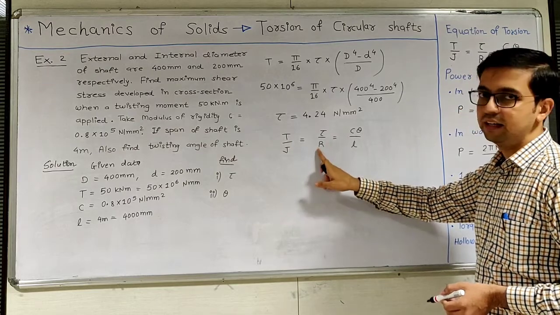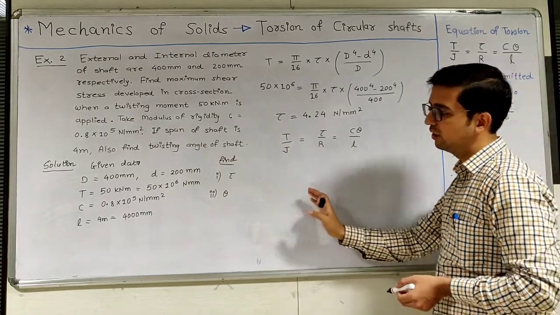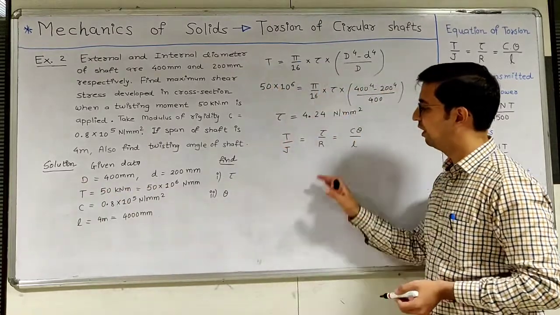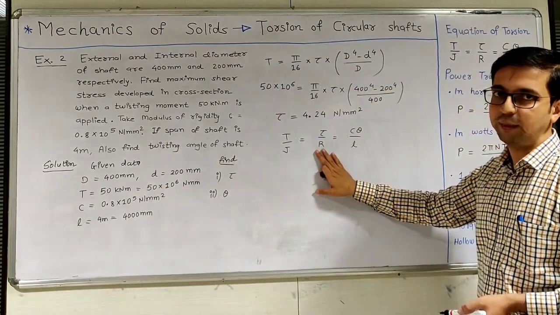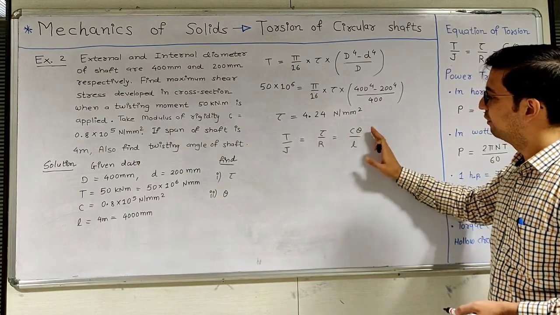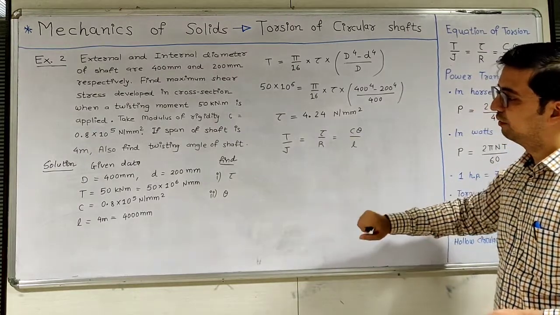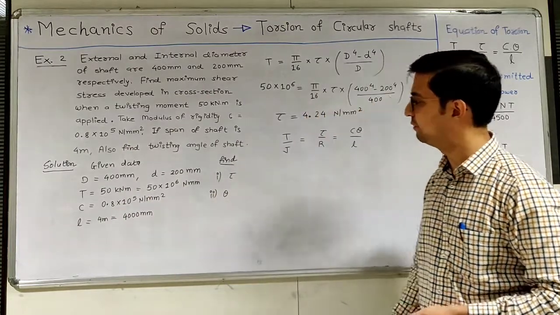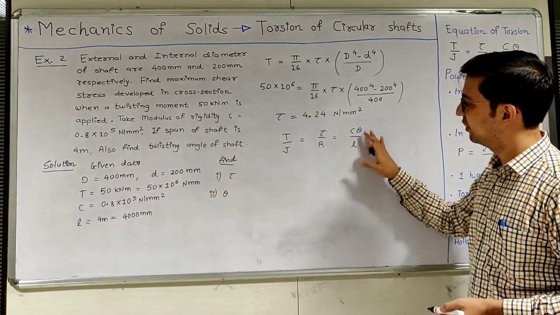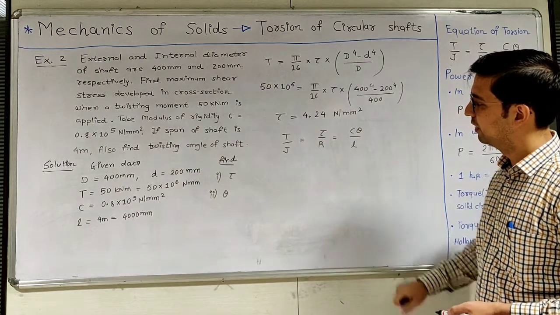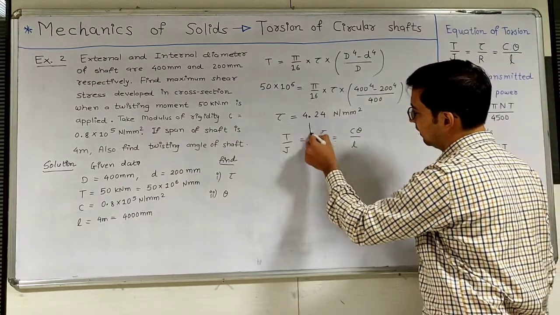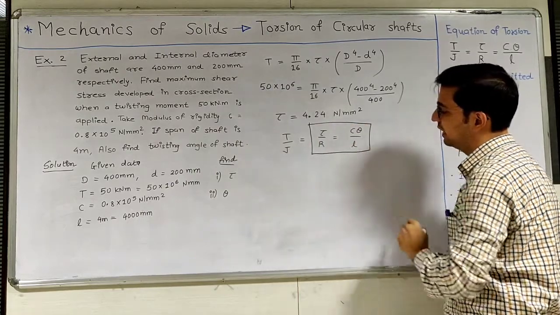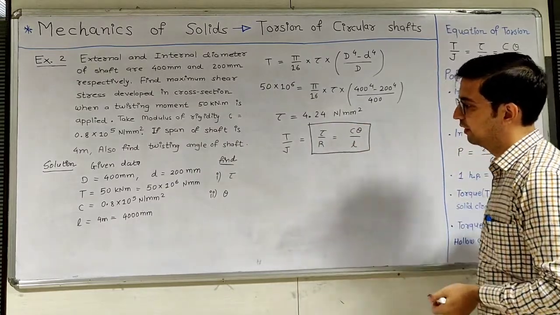Capital R is the radius, and since we have the diameter, the radius is capital D by 2. Next is C, the modulus of rigidity, 0.8 into 10 raised to 5. Theta is unknown, and L is the span. So we can use the relation tau by R equal to C theta by L.